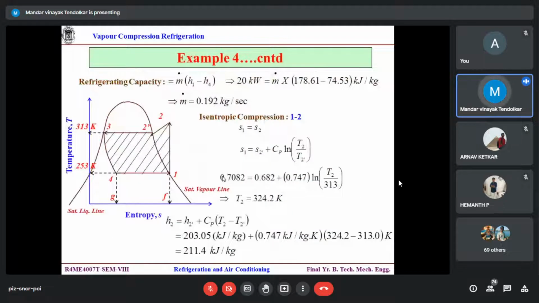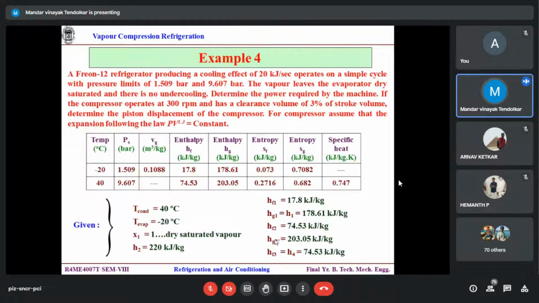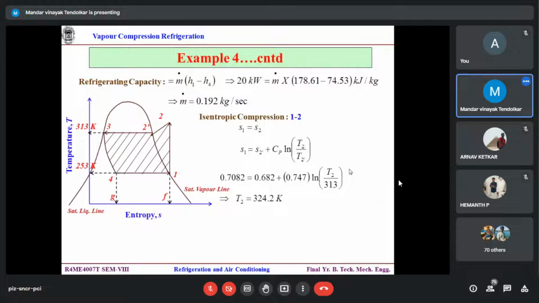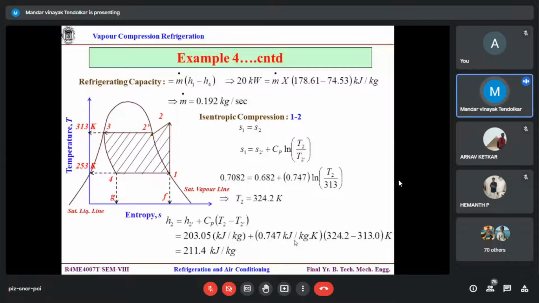On top of that, 203 plus Cp, and for that this Cp is given, specific heat. Okay, so 747 substituted over here. T2 and T2 dash. T2 dash is standard, means given already. And T2 you have found out. So you got the H2 value, superheated.